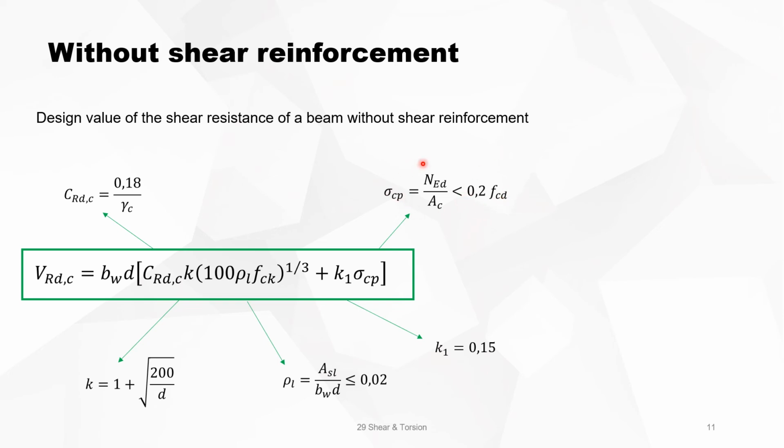So if this value is bigger than 0.2 FCD, you must replace it by 0.2 FCD. This term is the contribution of the external compression force to the resistance against shear force. FCK, of course, is the quality of the concrete.